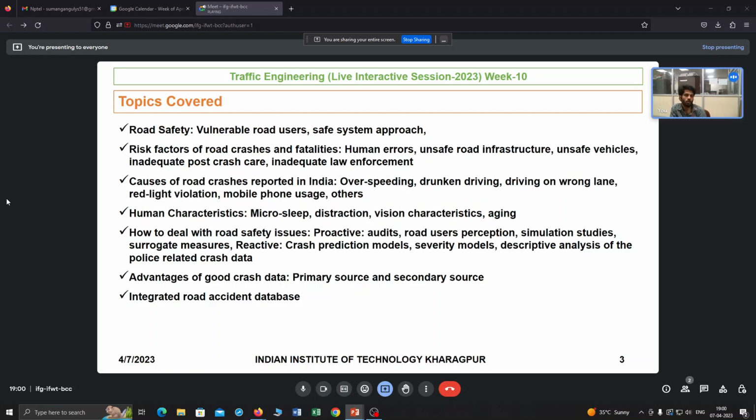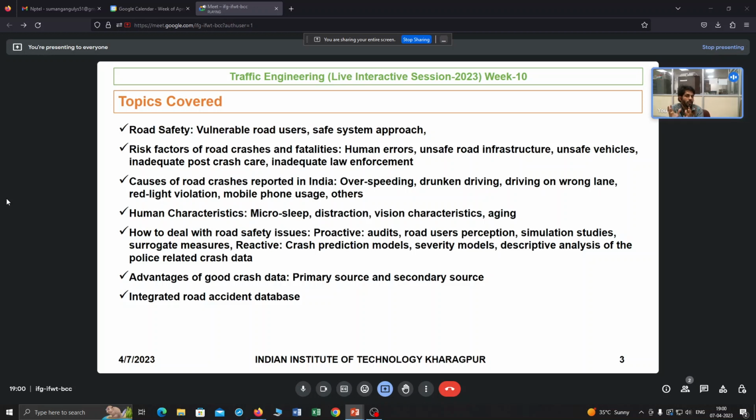So what is a road safety audit? A road safety audit is a safety check used by experts to assess or measure the level of safety in the road. They will give a kind of grading, a rating of your road in terms of road safety. If it is poor, what are the reasons and how to overcome it.